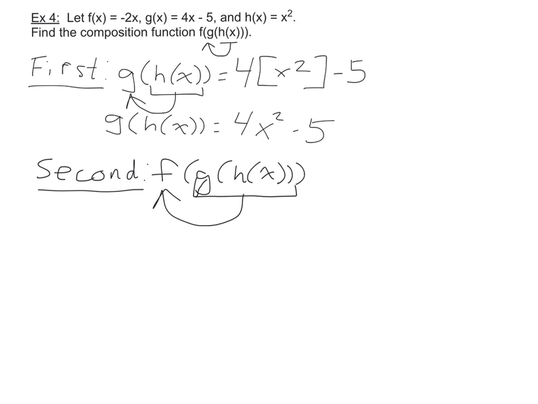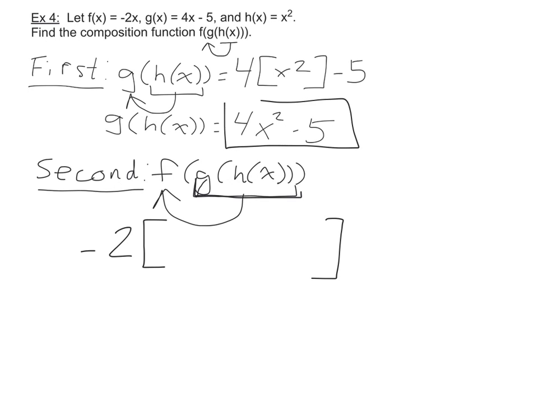Therefore, I'm going to start with my f function, which is negative 2x. Once again, wherever I see an x, I put a big bracket. And what goes in that big bracket? Well, it's our g of h of x, which we found right here. 4x squared minus 5.